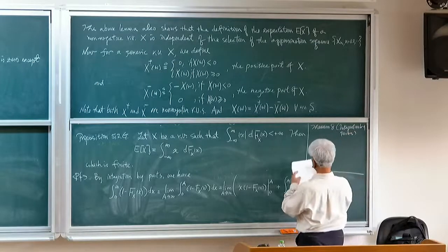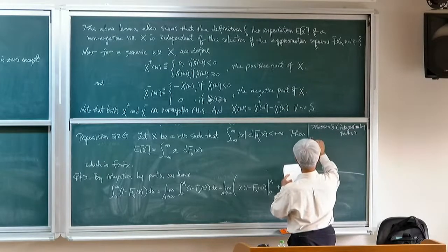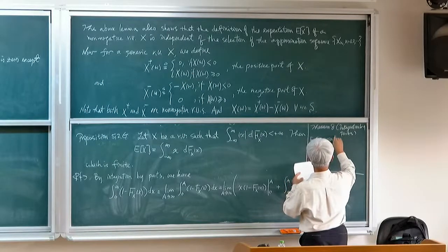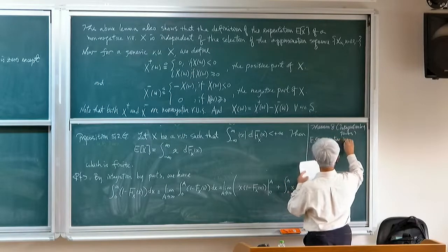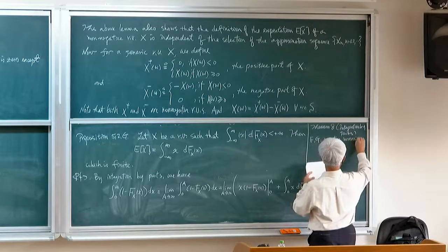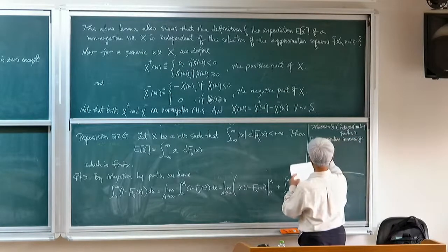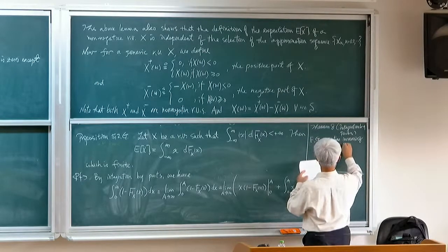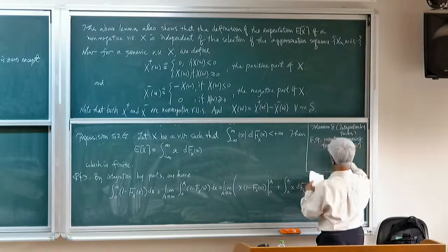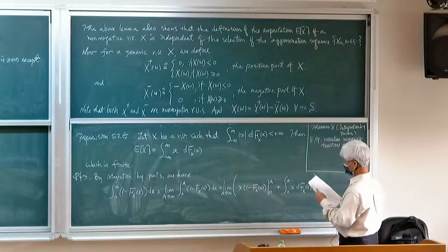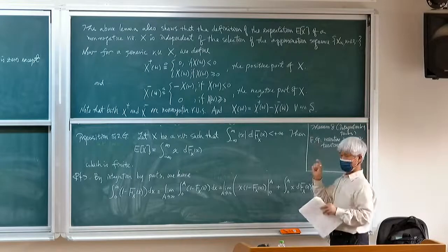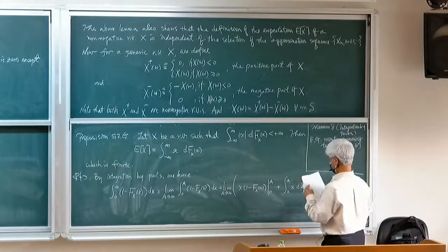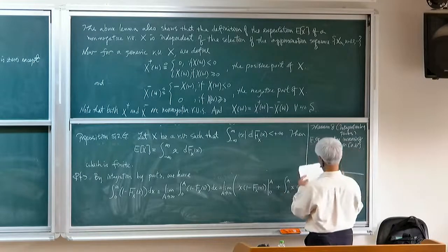It says that F and G are monotone increasing functions on [a,b], because both of them will be used as integrators.